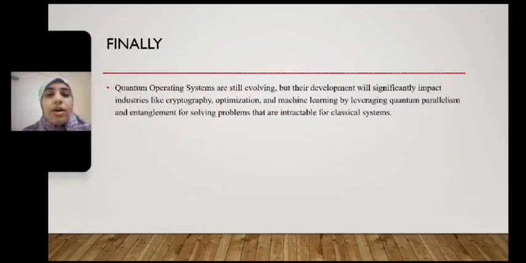I hope all you guys will enjoy my presentation, and I hope it shows how much the quantum OS differs from the classical OS in its nature, and how it gives us some features and also has some challenges.